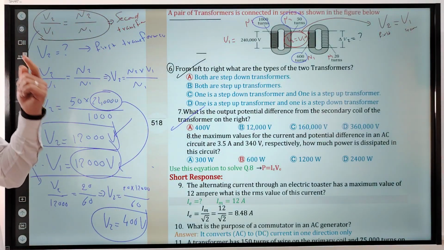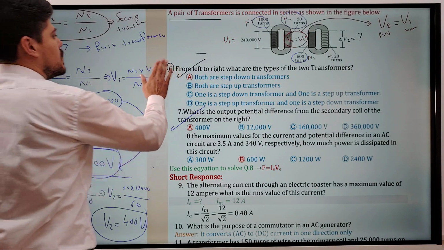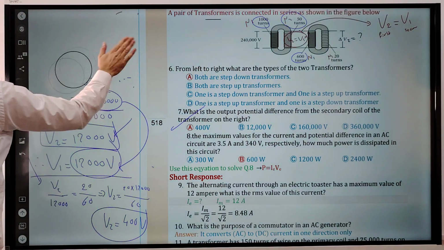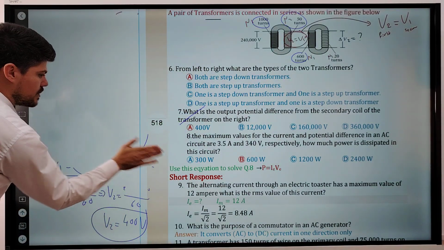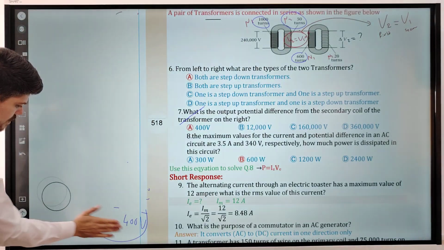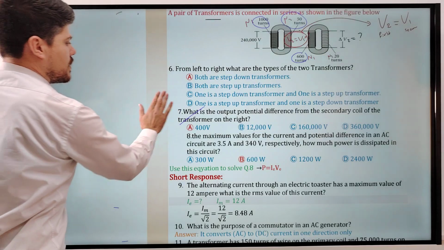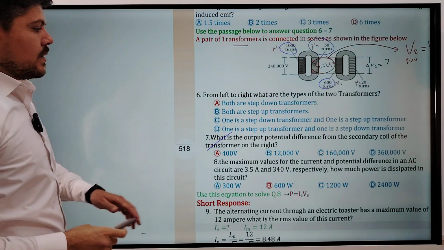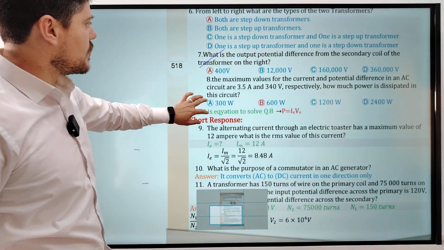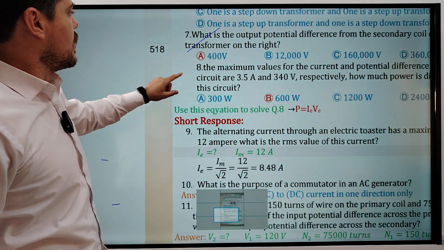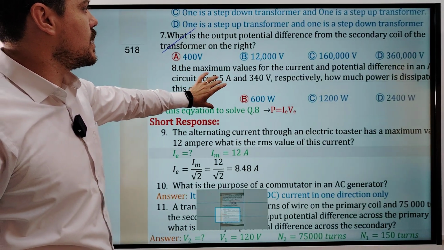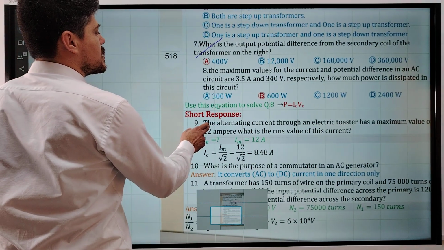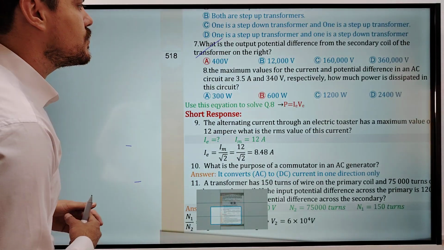Okay, so this is question 6, a very good question. Be careful, please. Okay, question number 8. The maximum values for the current and the potential difference in an AC circuit are 3.5 ampere and 340 volt.